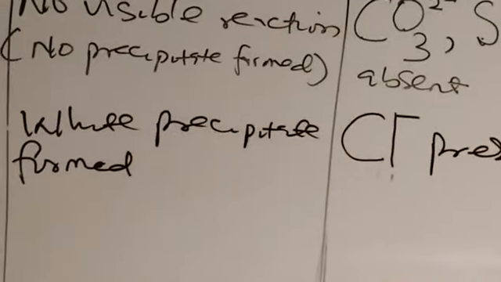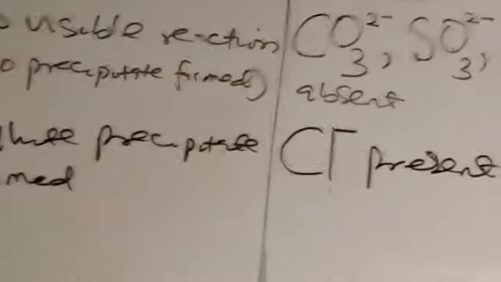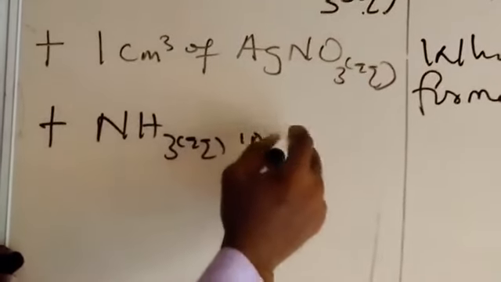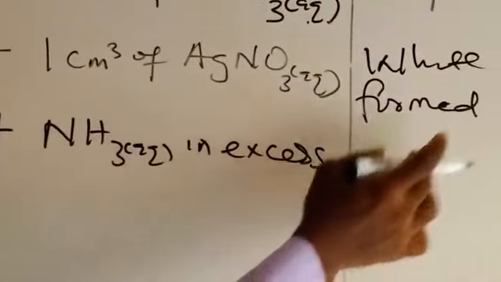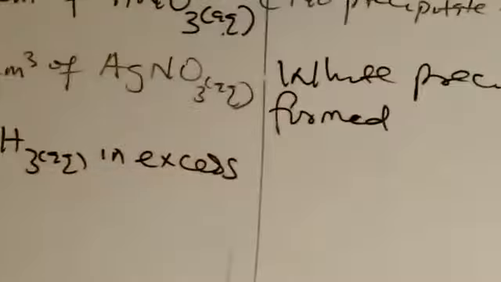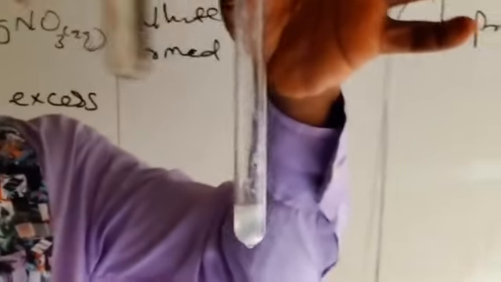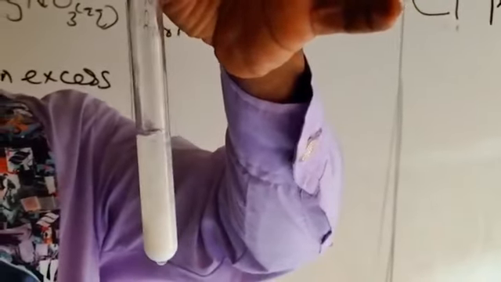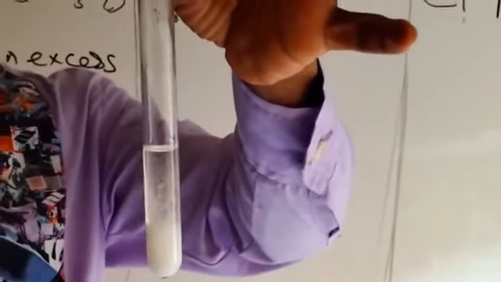The next, we are asked to add a third chemical here. We are told to add aqueous ammonia in excess. So we're going to add ammonia to the white PPT produced and see what's going to happen. This is the white PPT formed after adding silver nitrate. We'll add ammonia in excess to it. You see that it's clearing little by little. Add more ammonia.